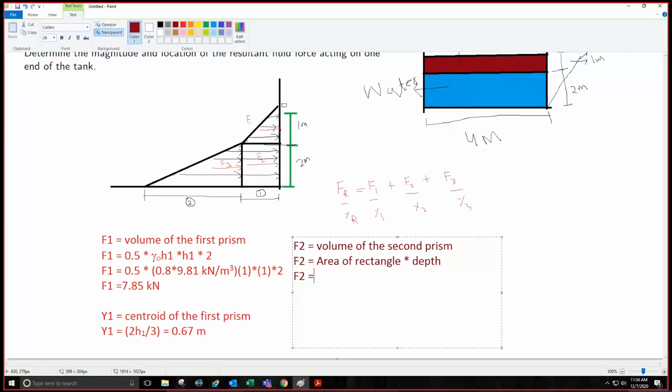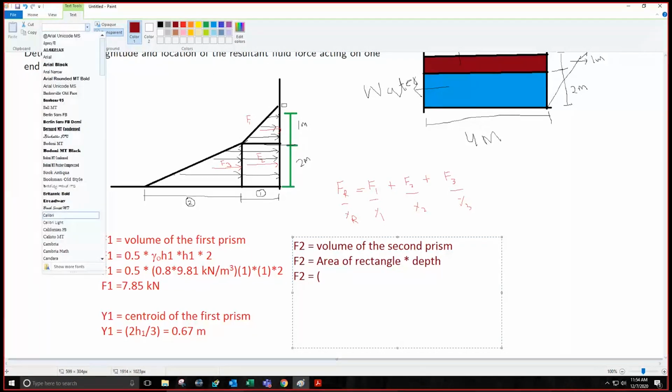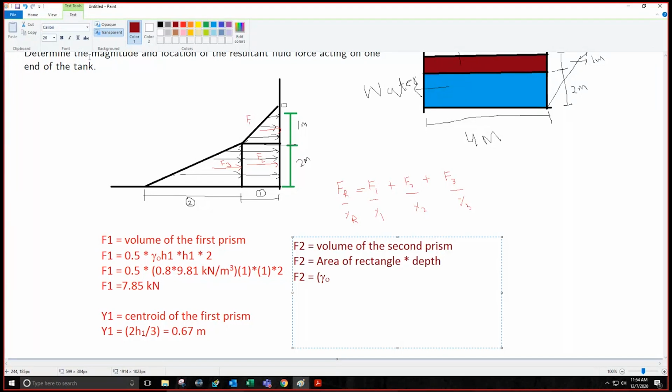F2 equals to the area of this rectangle, and the dimension 1 is equal to this dimension of the triangle, which is equal to the gamma oil into H1. So we'll write here H1 multiplied by H2 is the area of the rectangle into depth, which is 2 meters. Right? Is it right? ठीक है, समझ आ गई बात?